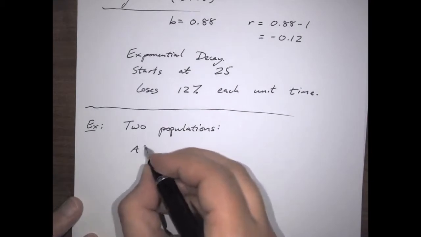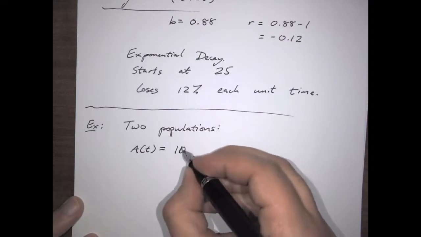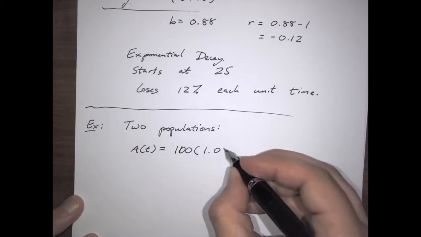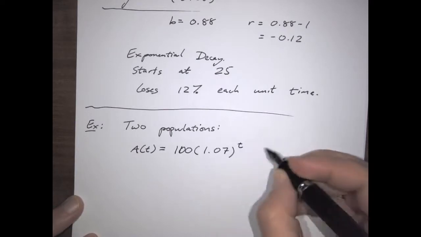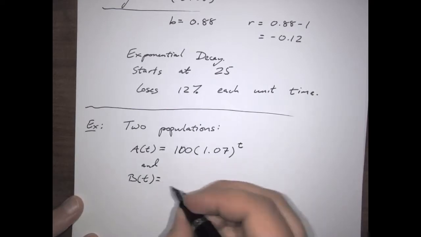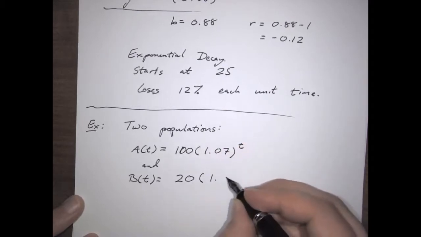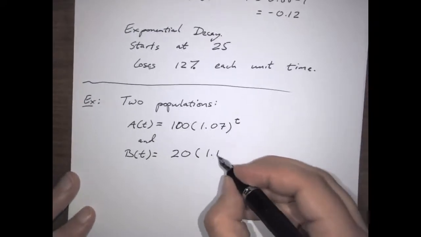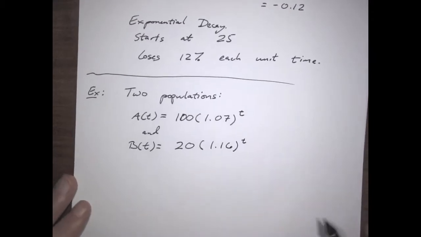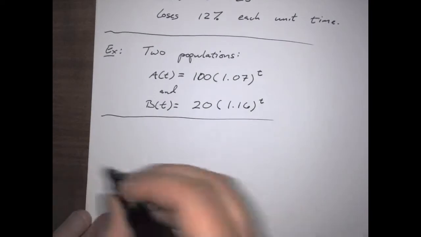Say a of t is equal to, let's say, 100 times 1.07 to the t, and let's say b of t is equal to 20 times 1.16 to the t. Okay, now we can ask and answer some various questions about this.